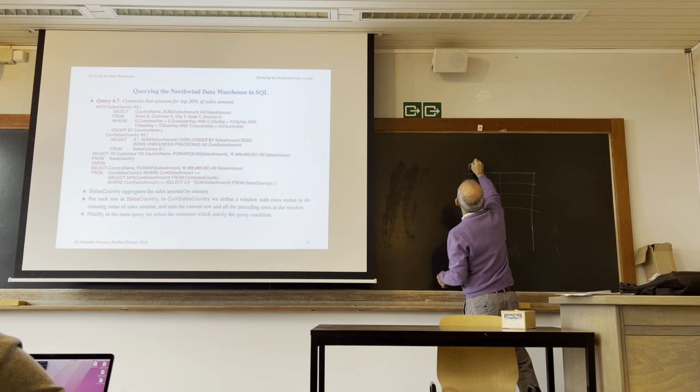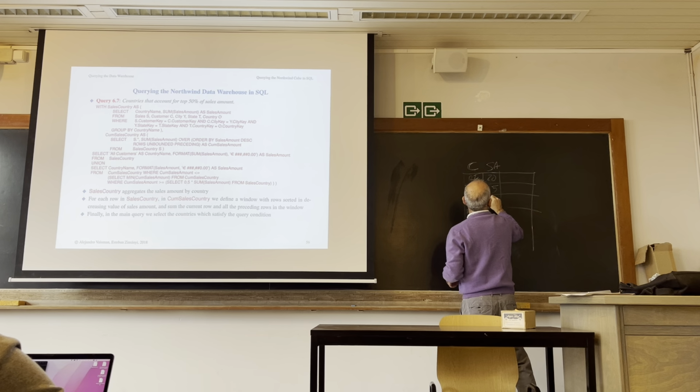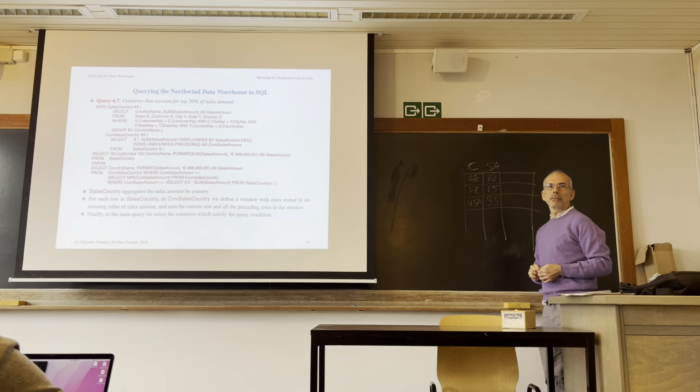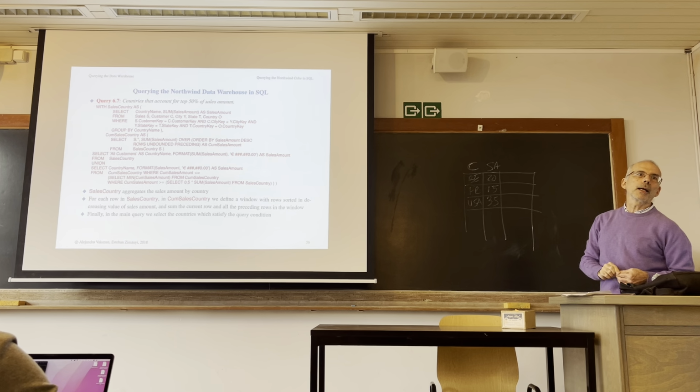So we have a country and we have sales amount. So Belgium has 20, France was 15, USA have 35, and you get the idea. You have that on a piece of paper.